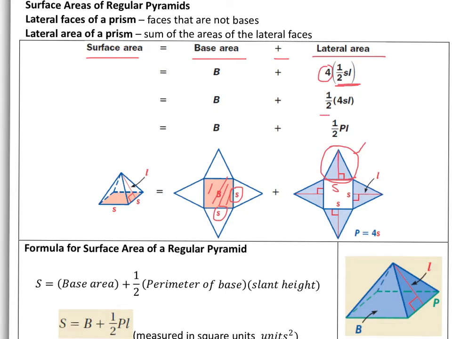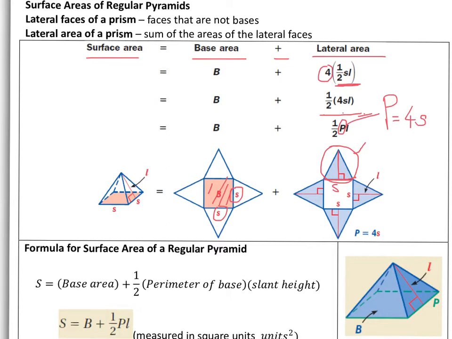We can rewrite this expression as half times 4 times SL, and let 4S be P. P equals 4S to make it simpler. And we can multiply that to L.